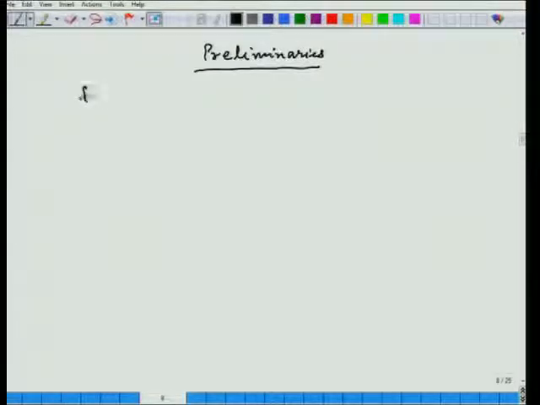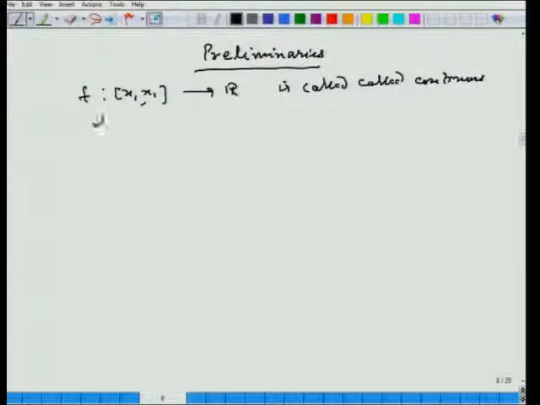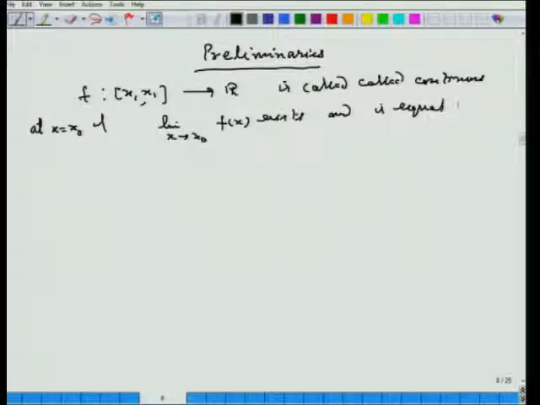A function f from x1 to x2 into R is called continuous at x equal to x0 if the limit x tending to x0 of f(x) exists and is equal to f of x0.